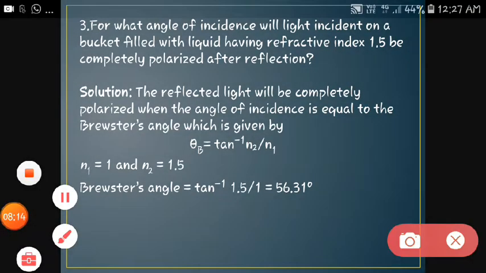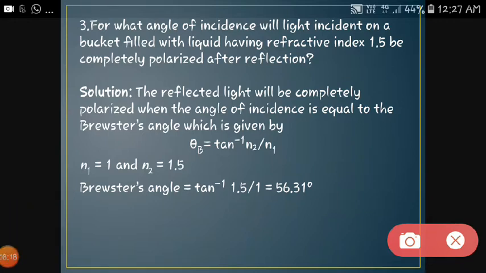Okay, so what they have given: for what angle of incidence, that means the angle of incidence we are going to find out, by which a bucket filled with liquid having refractive index 1.5 will be completely polarized. Have you understood?